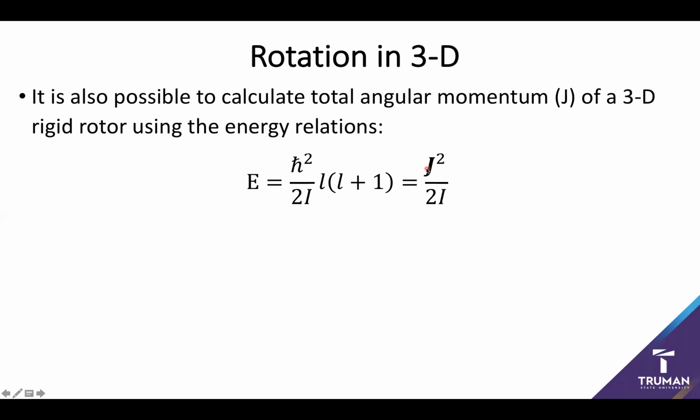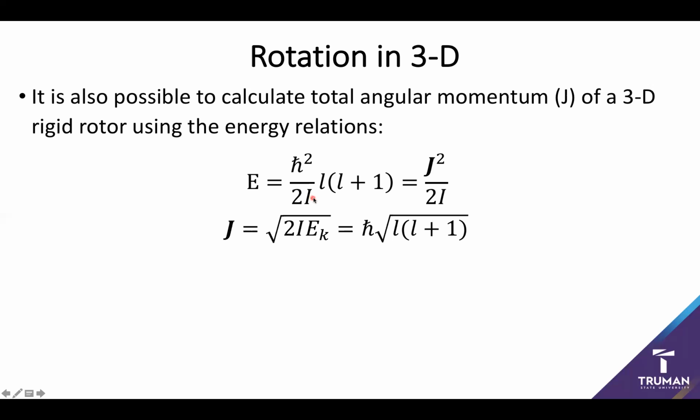Again, as an analogy to Cartesian motion, energy is momentum squared over twice the mass. Now it's angular momentum squared over twice the moment of inertia. So we can use this to solve for our total angular momentum as simply the square root of twice the moment of inertia times the kinetic energy of rotation.